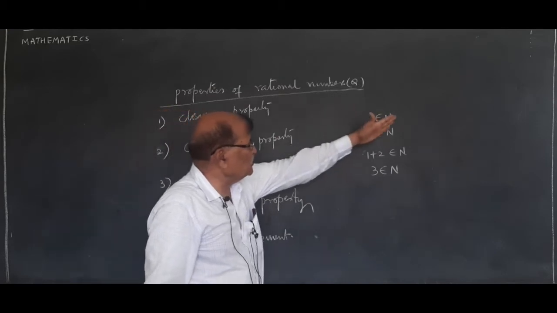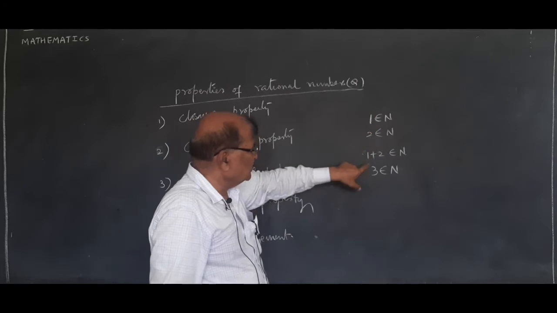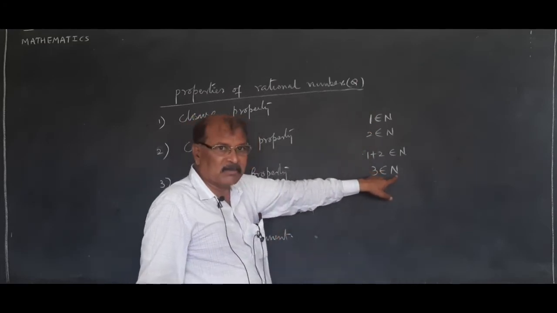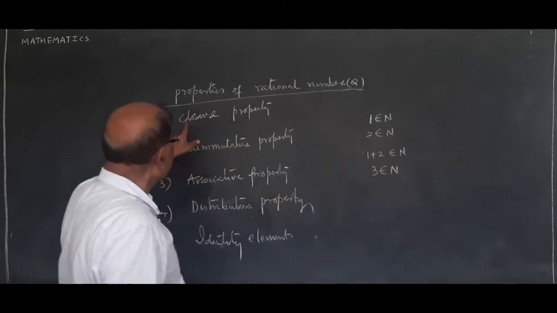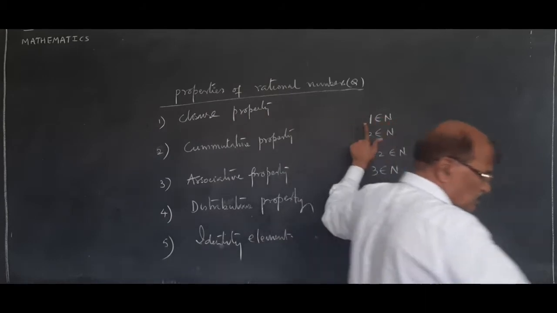When you add these two numbers, the resultant number also belongs to the set of natural numbers. So, this is called closure property under addition in natural numbers.